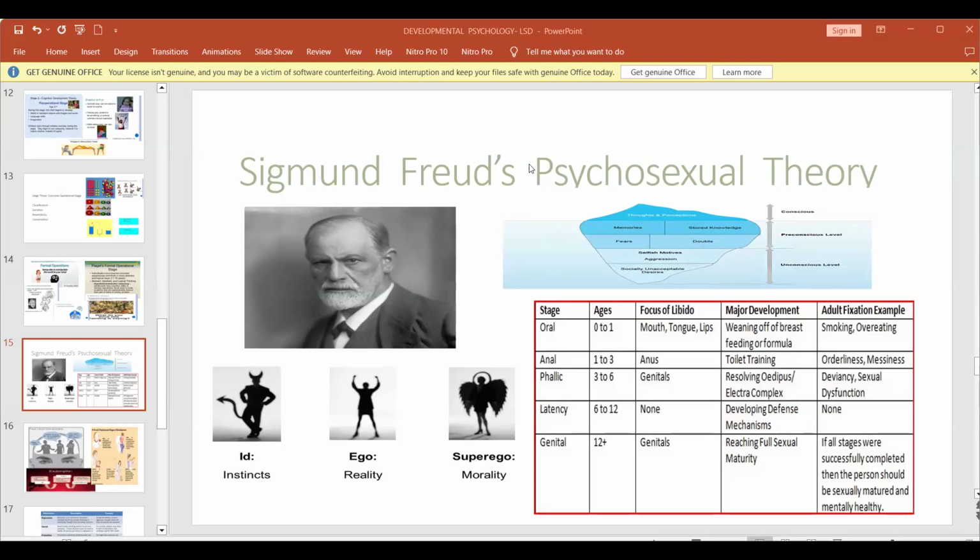We will first take the first component, that is the parts of our mind. They brought revolutionary change into psychology by introducing the three parts of the mind by drawing the iceberg analogy comparison.